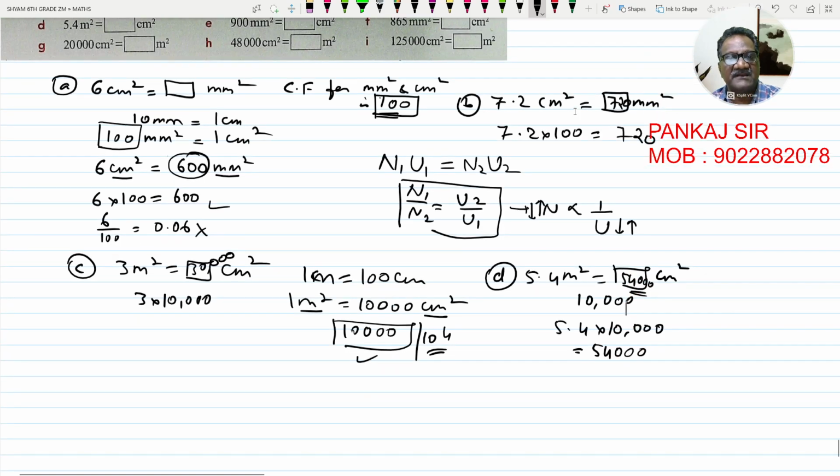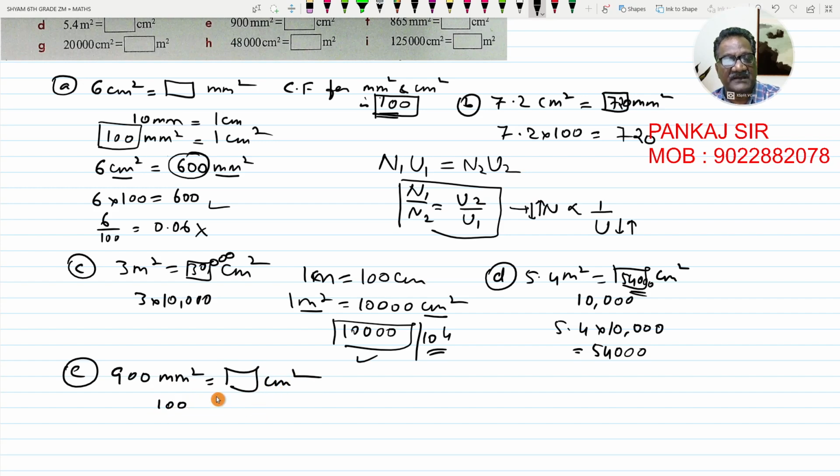Let us try E, F, and G, H, I as well quickly. E will be 900 millimeters squared is equal to how many centimeters squared. Now it will be fast. Between millimeter square and centimeter square, the conversion factor is 100. And I want the numerical value in front of the bigger unit.